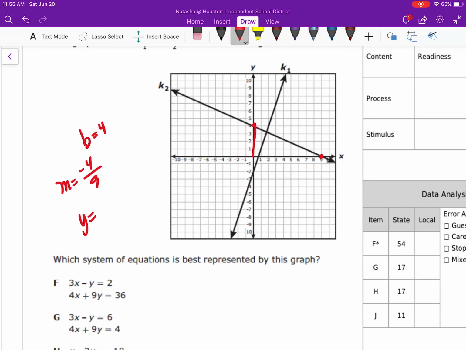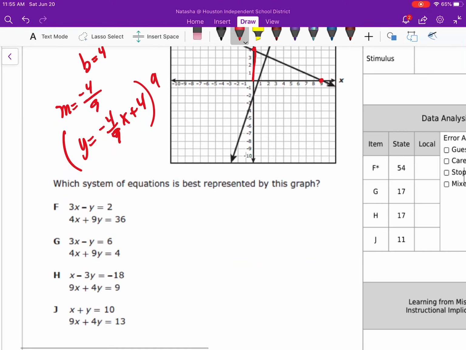So y is equal to negative 4 over 9 x plus 4, so that makes it a little bit different. Let's see what happens. We're going to multiply this by 9. It's y is equal to negative 4x plus 9 times 4. 9 times 4 is 36.